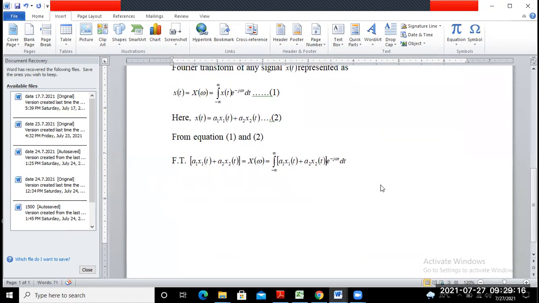Now, if you multiply e to the power minus j omega t into the individual elements, that means a1 x1(t) and a2 x2(t), how can we write this equation?